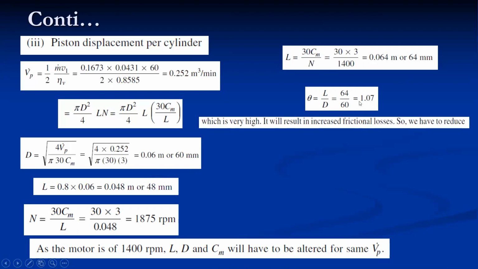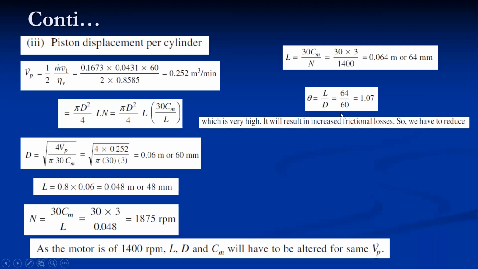This L by D ratio is very high, and a high L by D ratio causes increased frictional losses because the length is more. So we have to reduce it, and we can average these two lengths. 64 is a high length, and because of this high stroke there is a possibility of increased frictional losses.